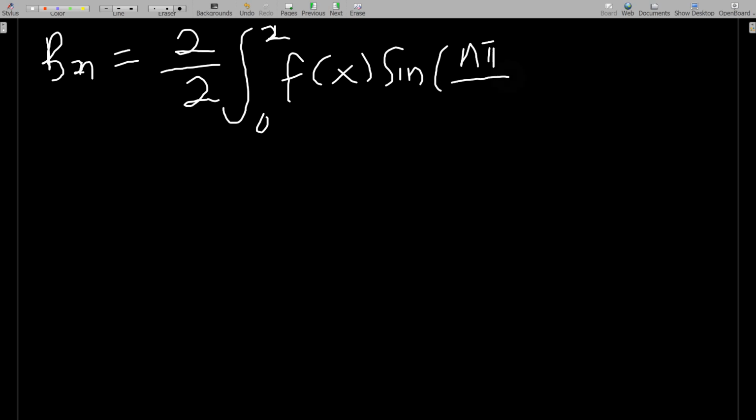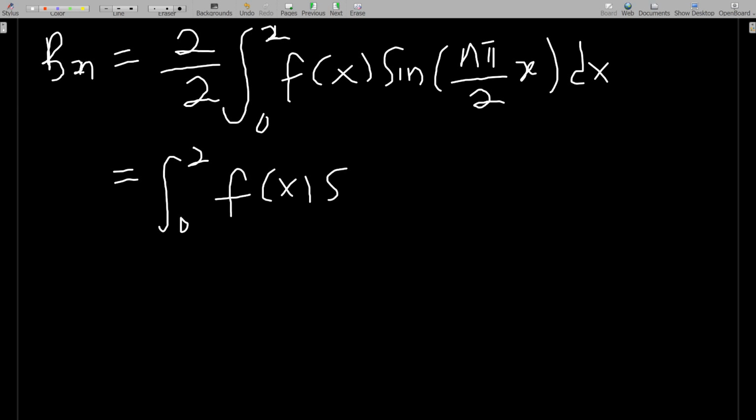Sine of n pi over L, which is 2, then x dx. And 2 over 2 is 1, so I have integral 0 to 2 f of x sine of n pi over 2 x dx.